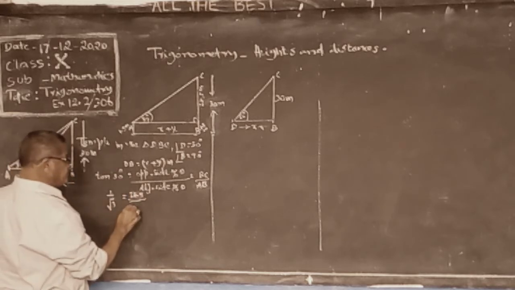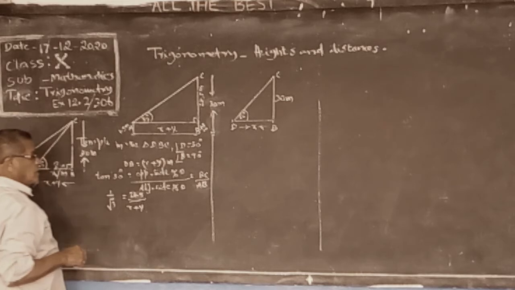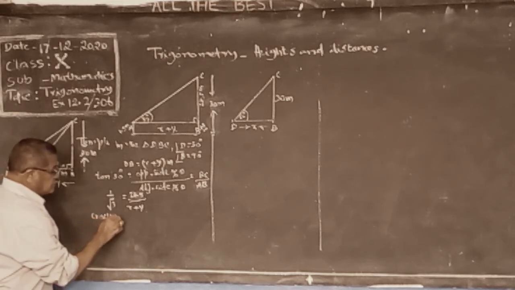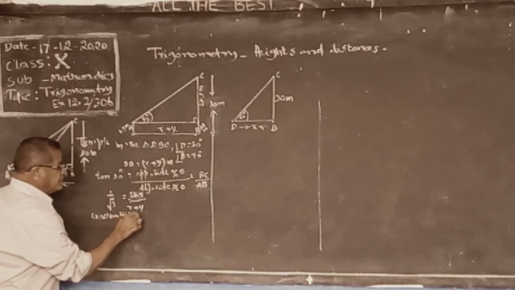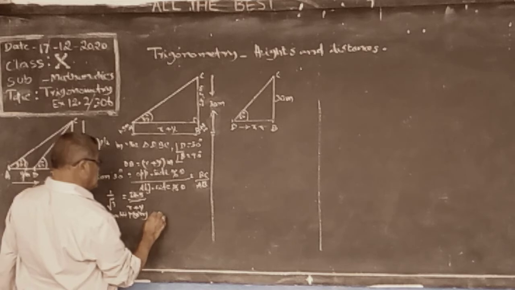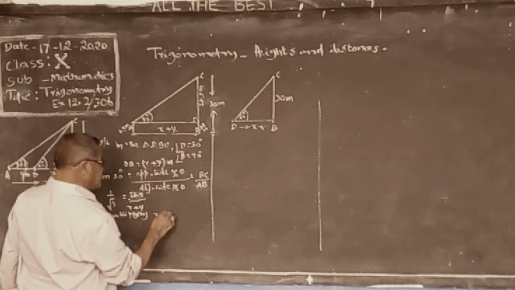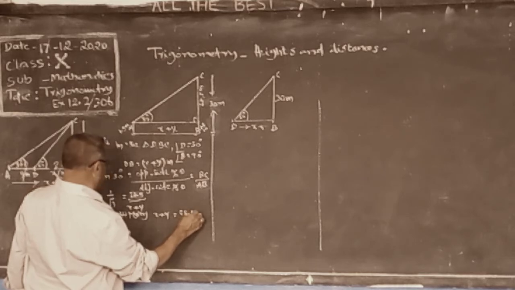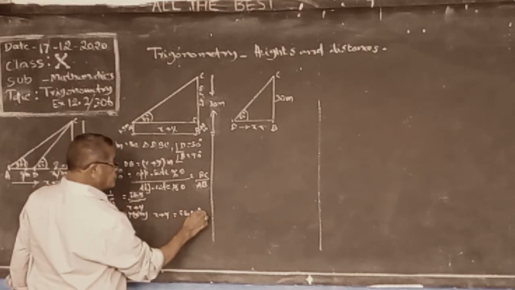So let us take here 28.5 by x plus y. Now cross multiply: x plus y is equal to 28.5 into root 3.